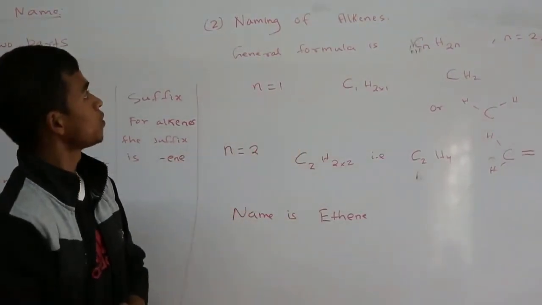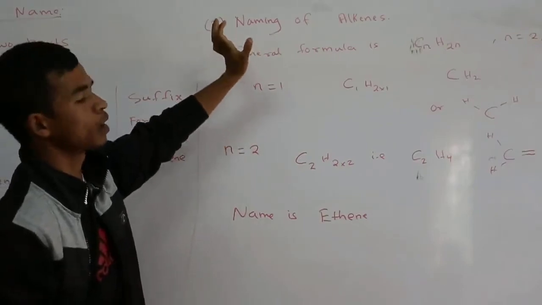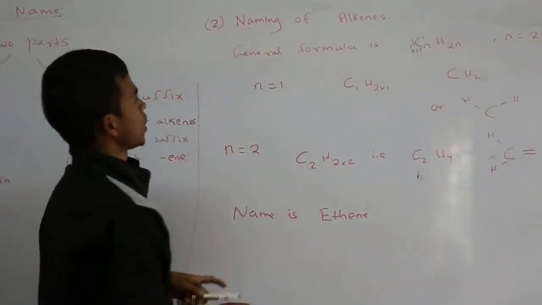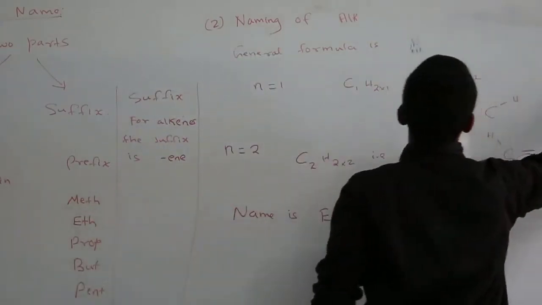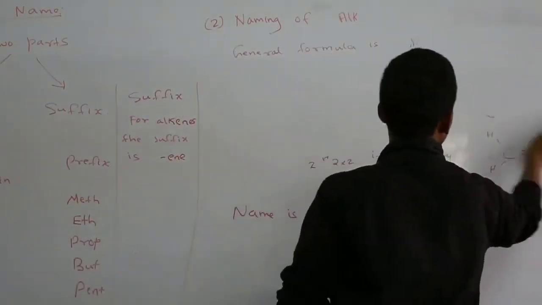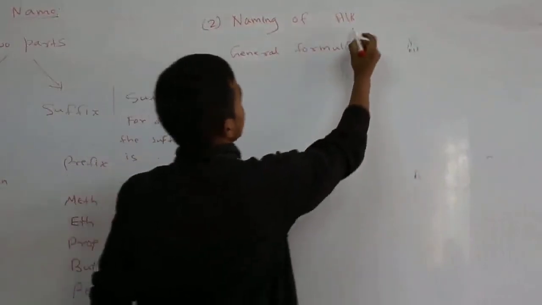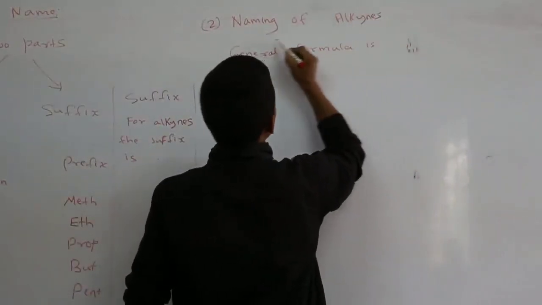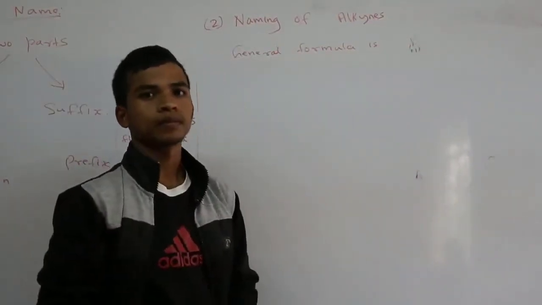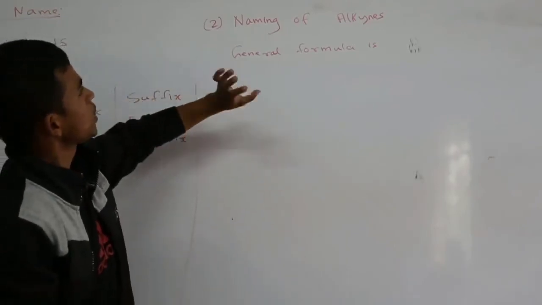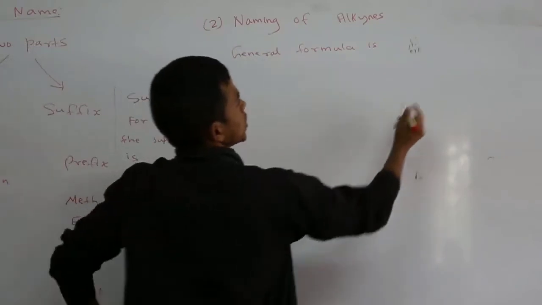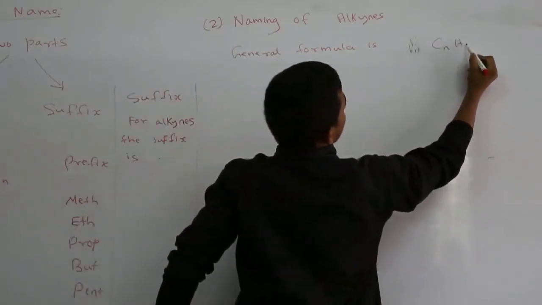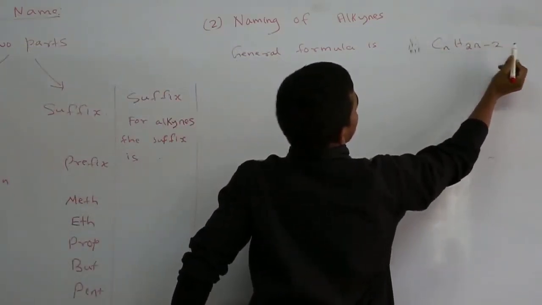But now we will have a look at the naming of alkynes. Here the general formula of alkynes is CnH2n minus 2.